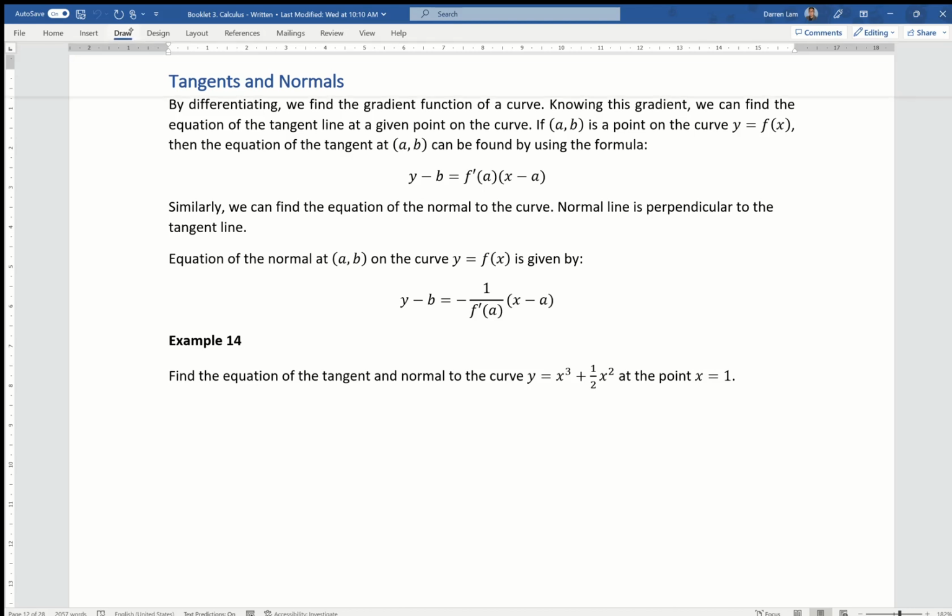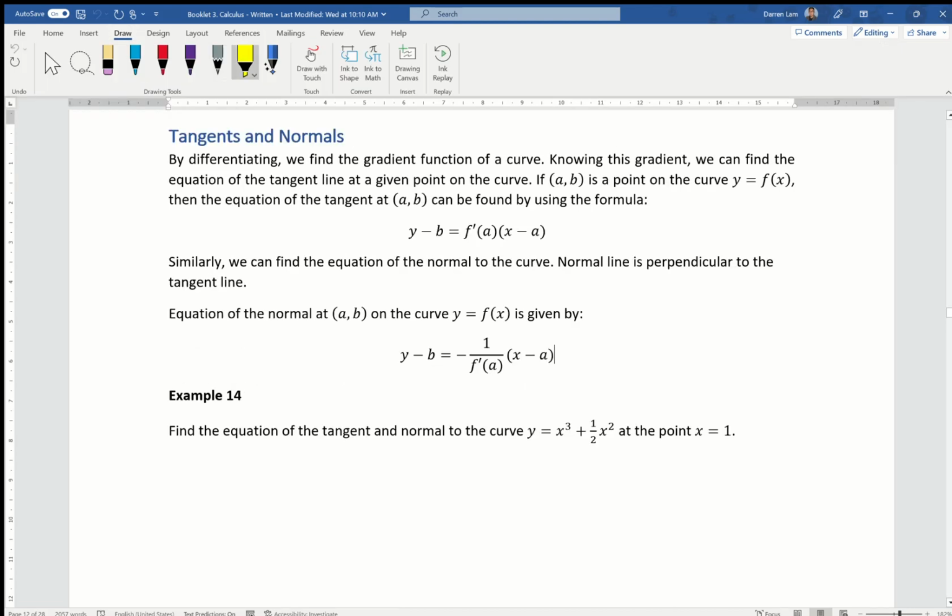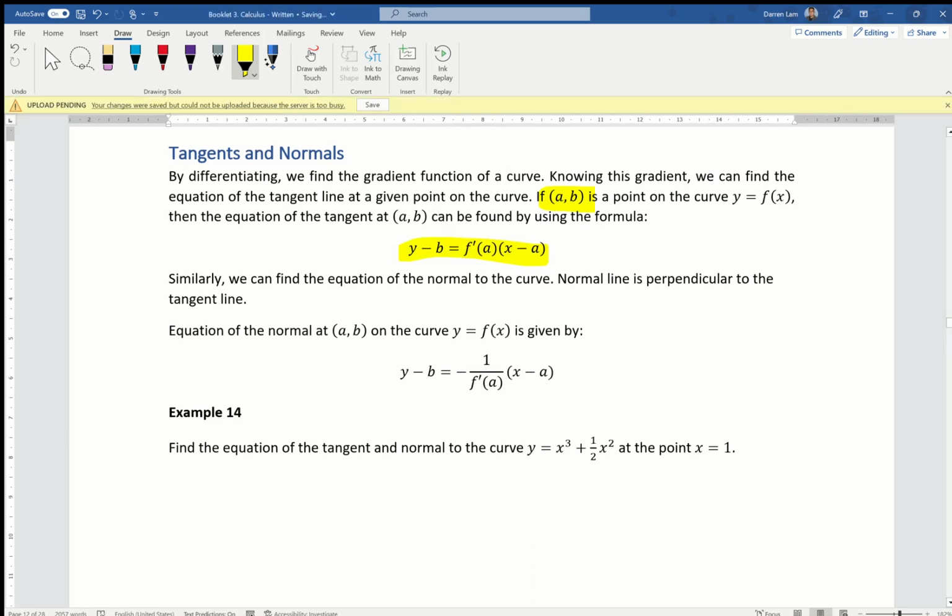Assuming (a, b) is a point on the curve, the equation of the tangent at that point is found using this formula: y minus b equals the derivative at a, substituting the x value, multiplied by x minus a, which will give you the same answer.